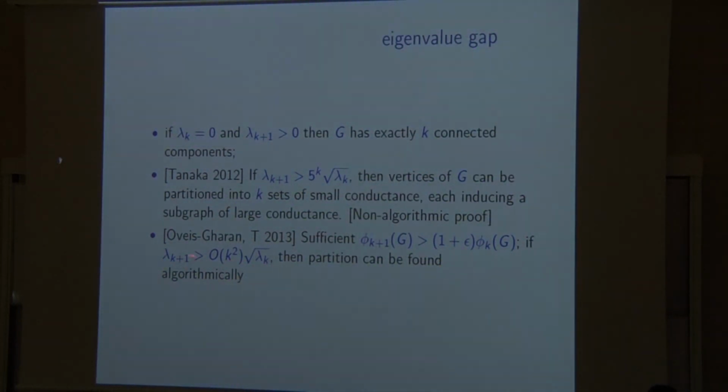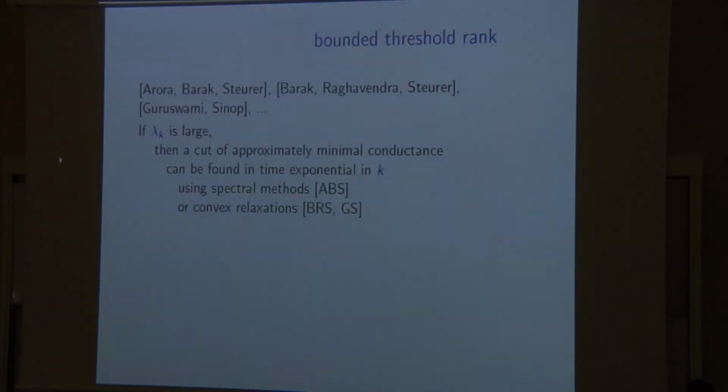But if you have this quadratic gap between eigenvalues, but then only something polynomial in k instead of exponential in k, then the partition also exists and can be found algorithmically. What's interesting about the first result is that the order k conductance only needs to increase a little bit to get a structured theorem. The second part is algorithmic and polynomial in k, instead of the previous result that was exponential in k and non-constructive.